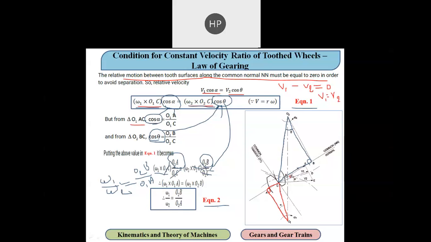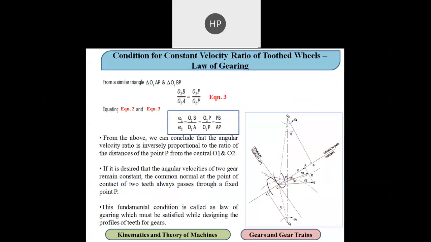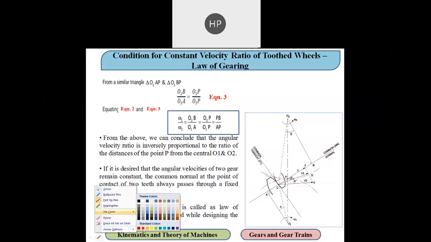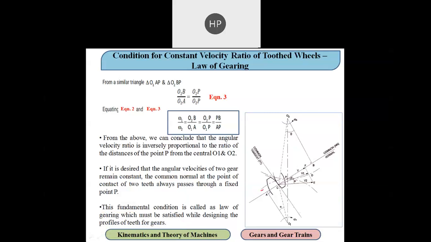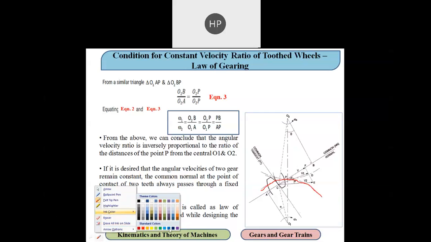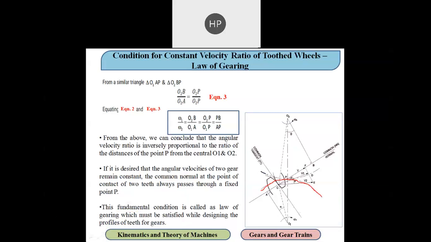Now we still have to consider one more thing, the common normal. If you see in this diagram, this one is the pitch circle of gear number 1, and this is the pitch circle of gear number 2.